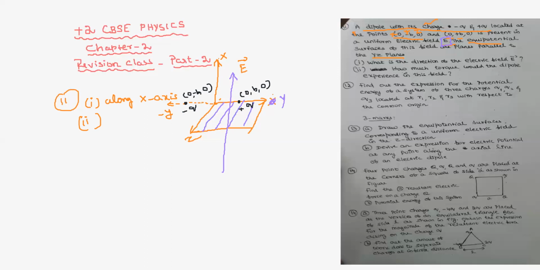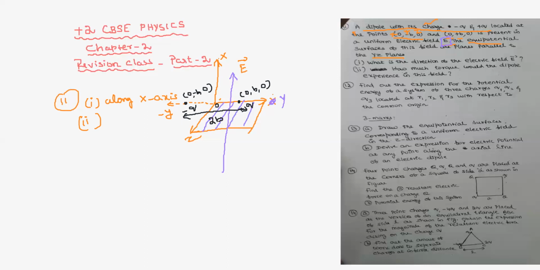Therefore, what is the total distance between minus q and plus q? From here to here it is b, and from here to here it is again b. So it is 2b. So the dipole is perpendicular to the electric field, because the electric field is along the x-axis and our dipole is along the y-axis.